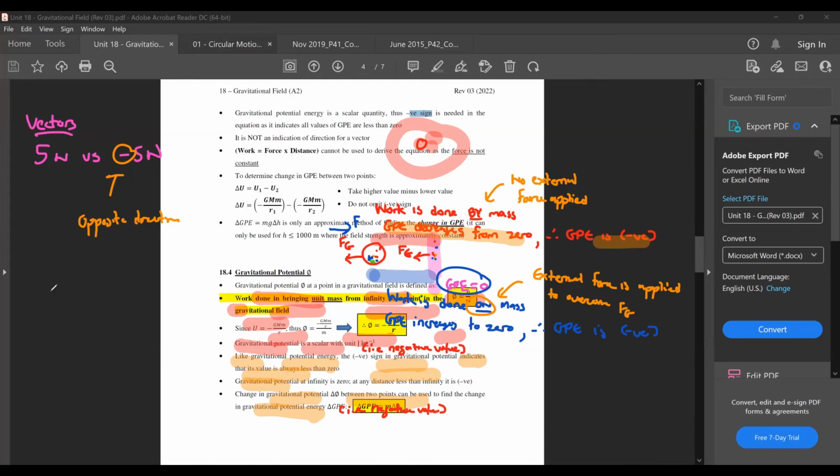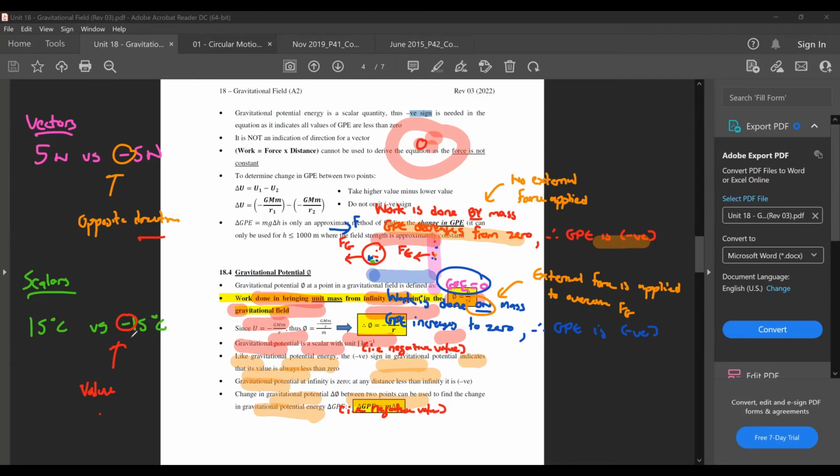But what if I tell you for scalars? I tell you, say, 15 degrees centigrade versus negative 15 degrees centigrade. You wouldn't tell me that this negative is just saying that the temperature is acting in the opposite direction, right? This negative here, you won't associate it with direction.